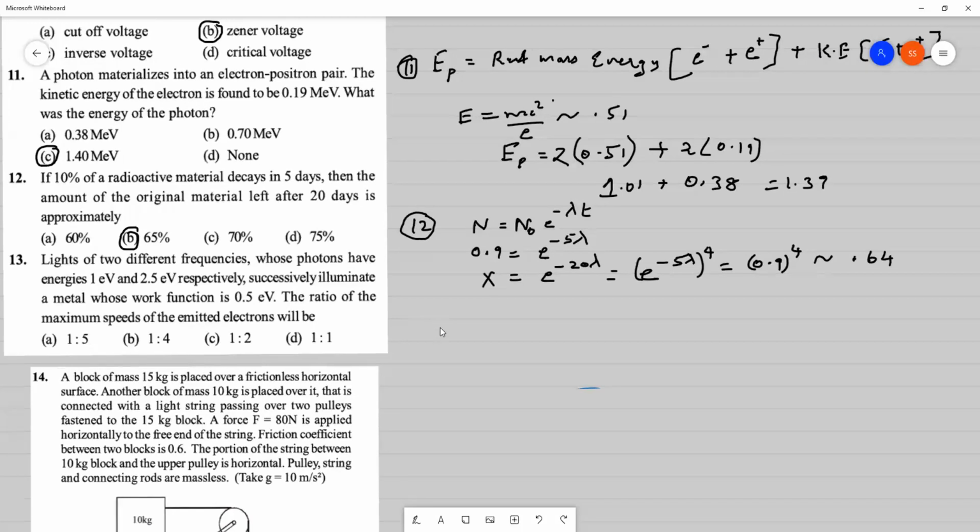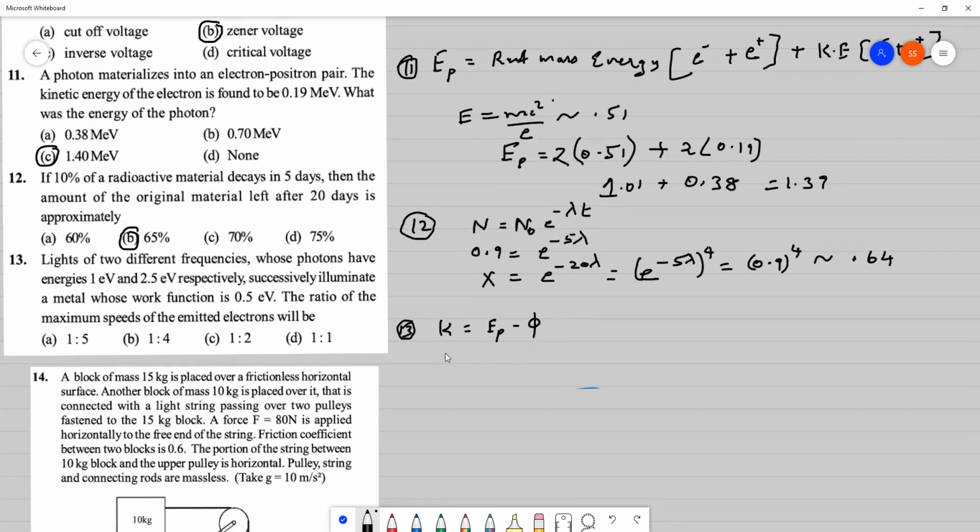We know that the kinetic energy, according to Einstein's photoelectric equation, is given to be the incident photon's energy, E of the photon, minus work function.